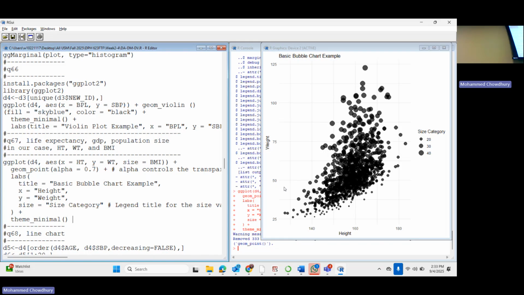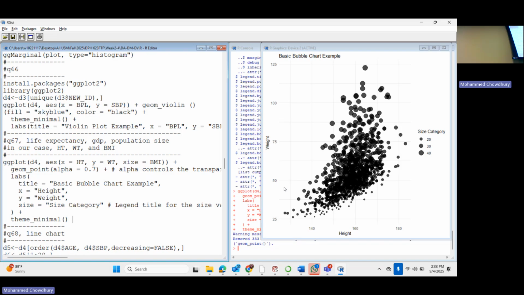So this is appropriate when you want to find the size of the populations by the life expectancy and GDP, as well as population size. These three, if you want to plot, then you will see the three-dimensional plot.